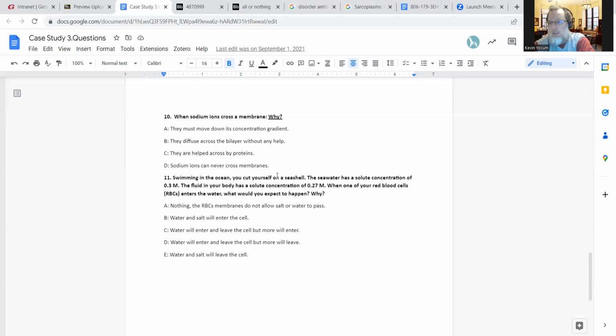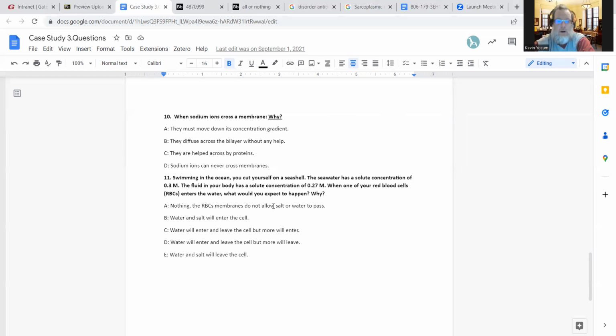Now we're in the ocean. So now I have a blood cell that's in the ocean, and it's not used to being in such a salty environment. So are we going to dilute outside of the cell, or are we going to send more water inside of the red blood cell?